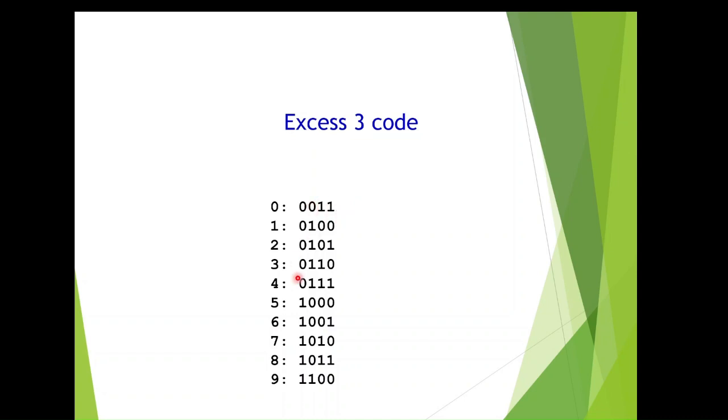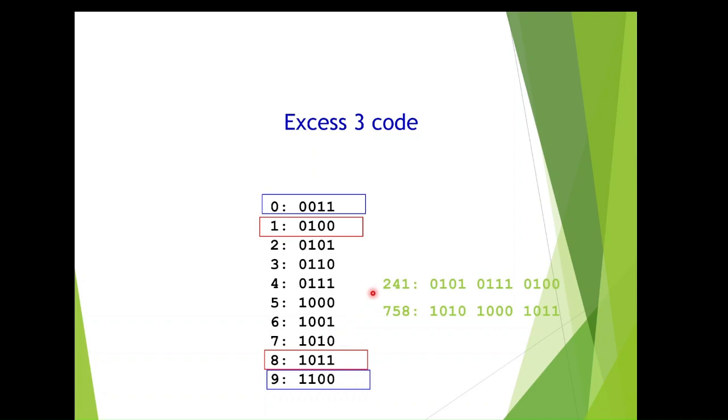Similarly, for 8, 8 plus 3 is 11, so we have to write it as 1011. That is the code for 11 in 8421. Similarly, 9 is 12, so 1100. Excess 3: just add 3 with each number, and that is the representation here.